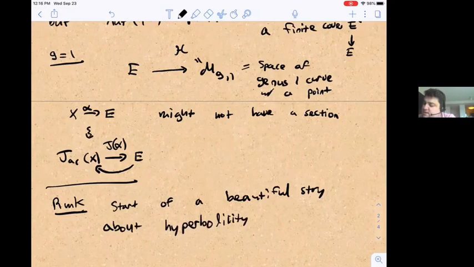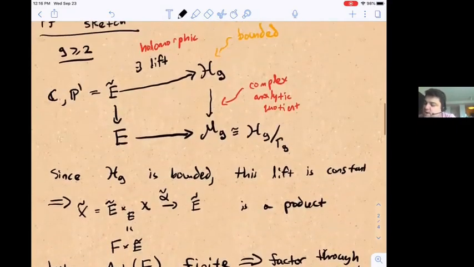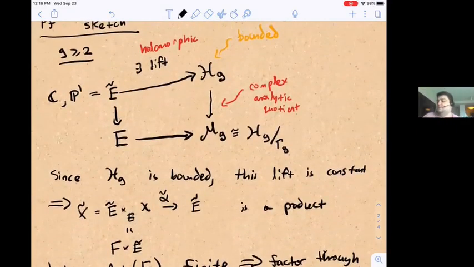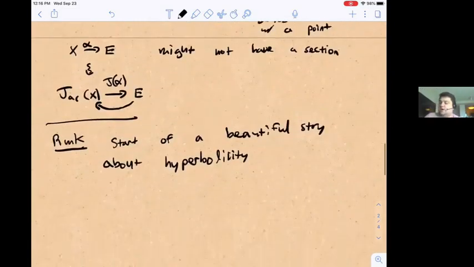So this property that maps from a genus less than or equal to 1 curve are all constant. This is one way to talk about hyperbolicity in algebraic geometry.